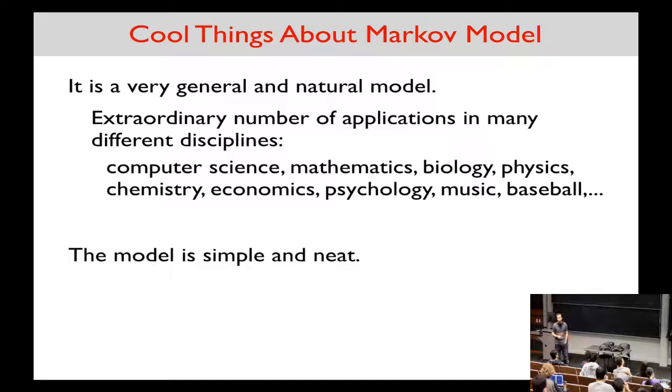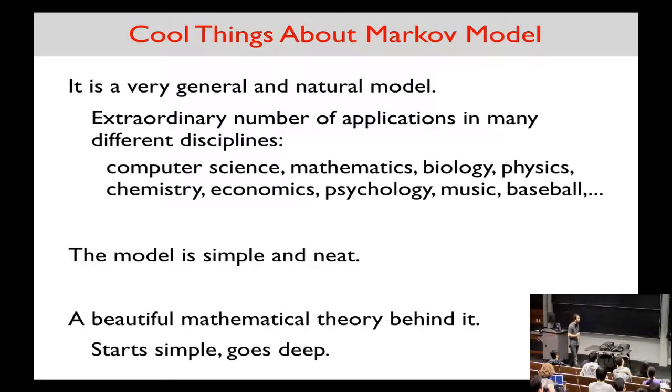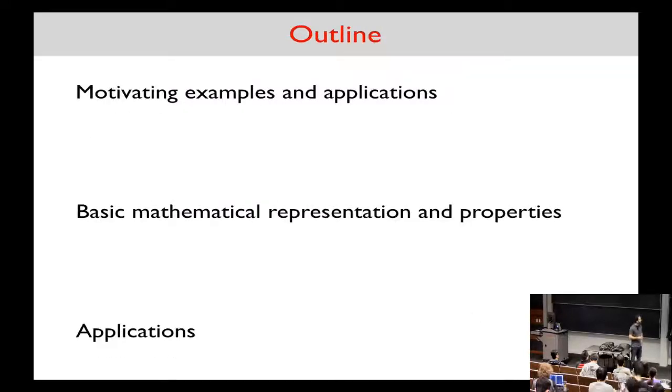It's a very simple model, a neat model, nothing too complex. And there's a beautiful mathematical theory behind it. It starts simple, some simple probability theory, some simple linear algebra. But it goes deep. As you go into more sophisticated areas, there's some nice mathematical theory there.